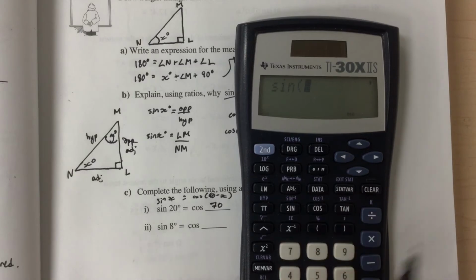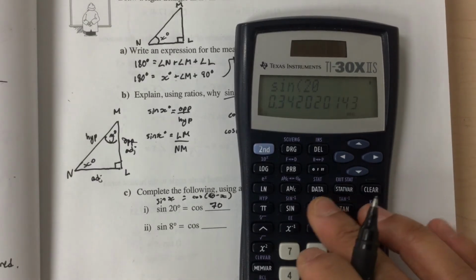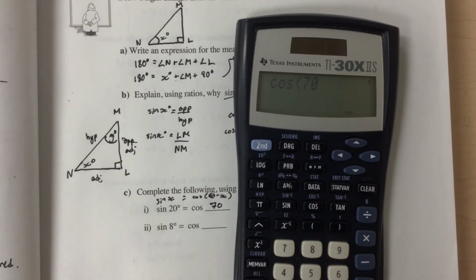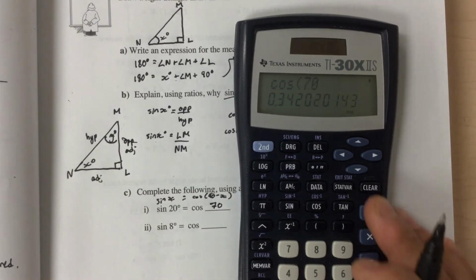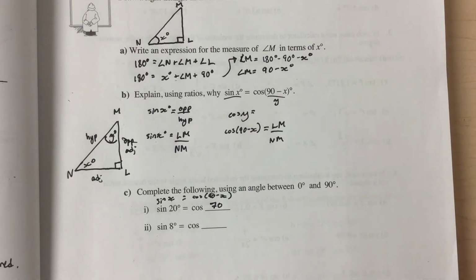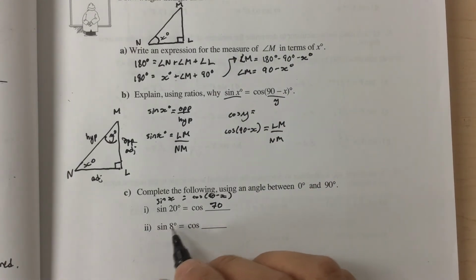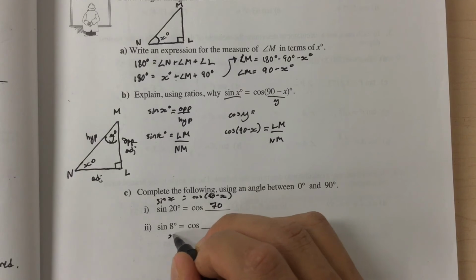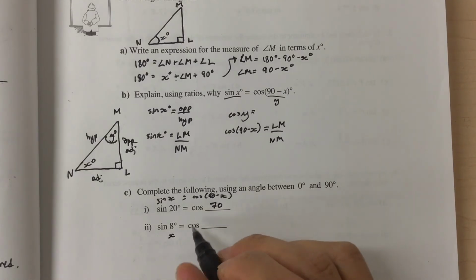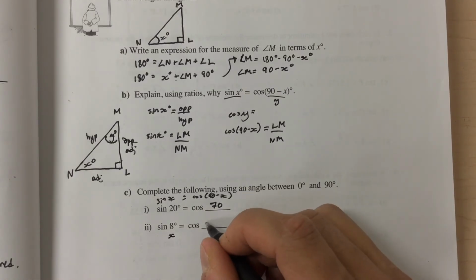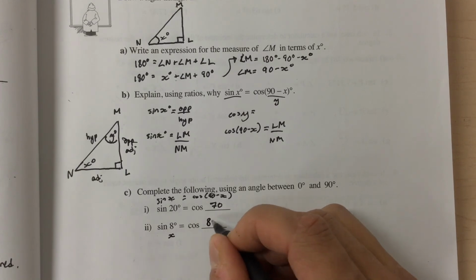If I go sine 20, I get a value of 0.34, and cosine 70, I have the same value of 0.34. And last, sine 8, again, this is my value of x, and then 90 minus x, we would have cosine 82 degrees.